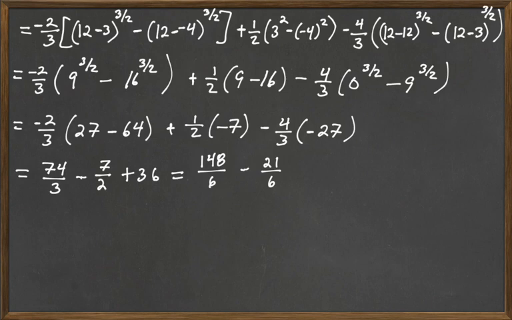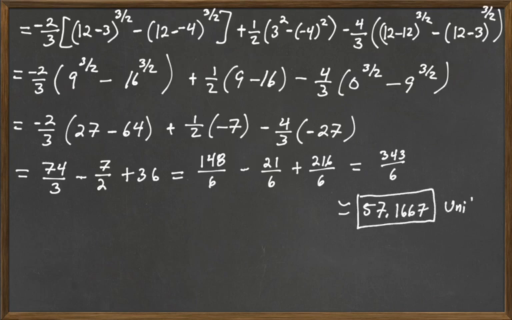And then 36, we have to multiply by 6 over 6 because we need a denominator of 6 there. Okay, 216 over 6. And so that's going to give us 343 over 6, which is approximately 57.167 units, and it should say squared, not cubed.